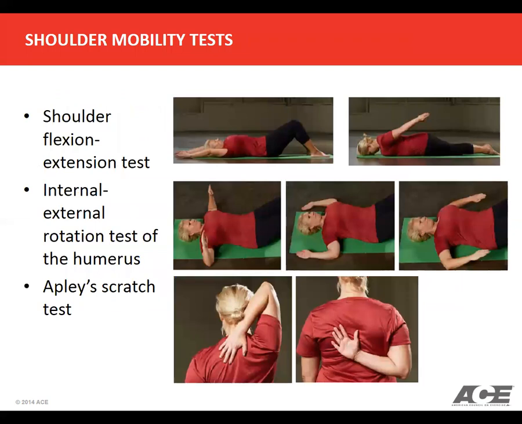Shoulder mobility. These tests aren't bad. The flexion, extension, internal and external rotation, and Apley scratch tests are all fine. The first ones, to be honest, you can goniometer. The scratch test I like is a little bit different, because you're not just measuring one aspect of range of motion.